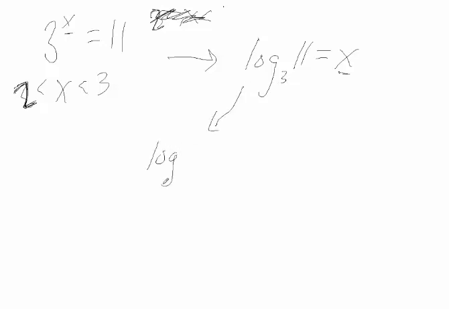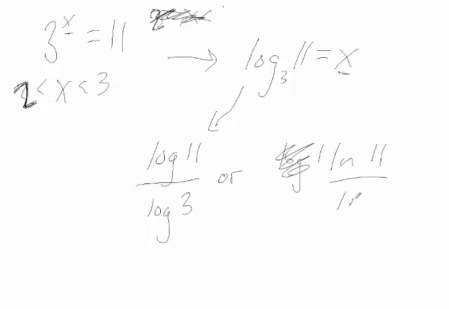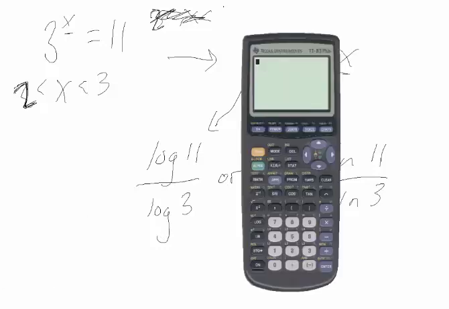Using that change of base, I got log 11 over log 3, or ln 11 over ln 3, which gives us log 11 divided by log 3 equals 2.1826, etc. So somewhere between 2 and 3. ln 11 divided by ln 3, same answer.